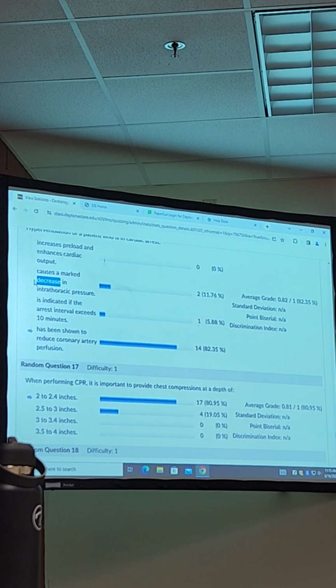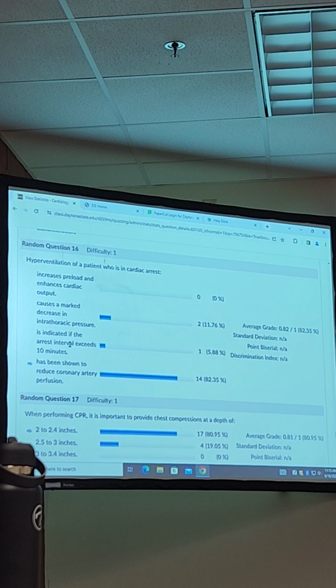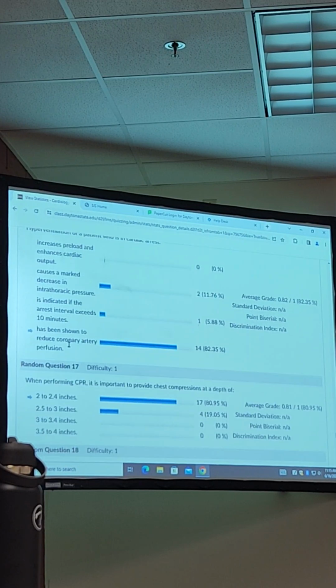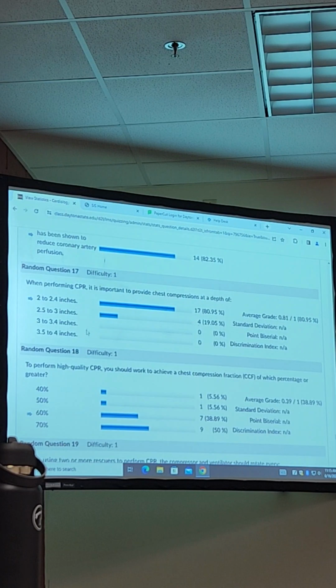You put more air in the chest, increases pressure in the chest, and is not indicated if they've been in cardiac arrest for a long period of time. When performing CPR, chest compression should be at a depth of 2 to 2.4. I will admit the question did not specify adults, but clearly that's the lowest. Still adult? Not like you do that on a baby?